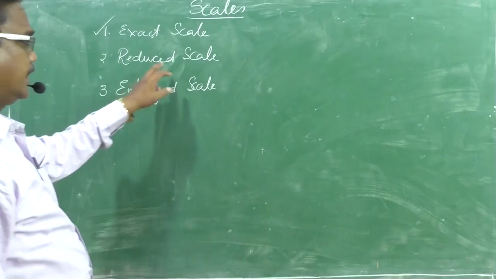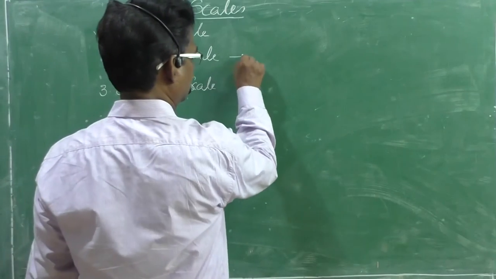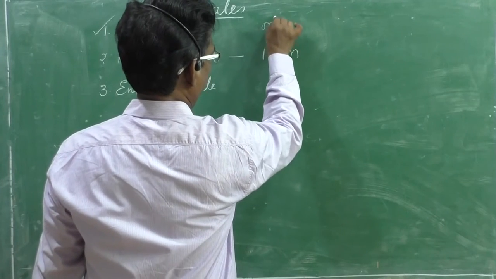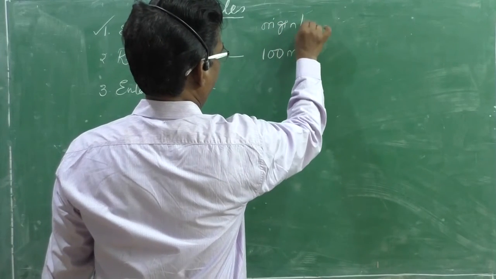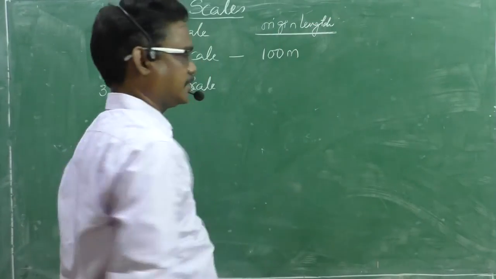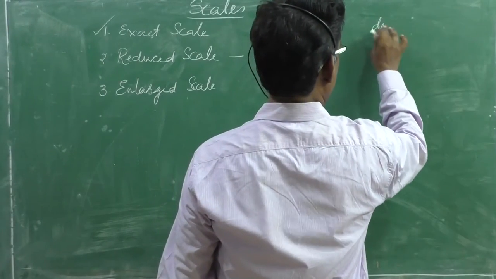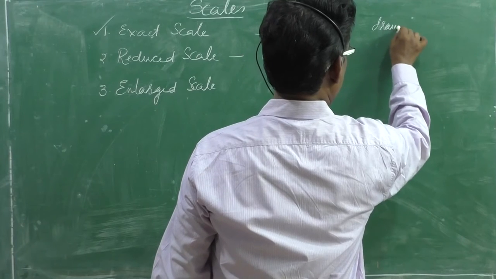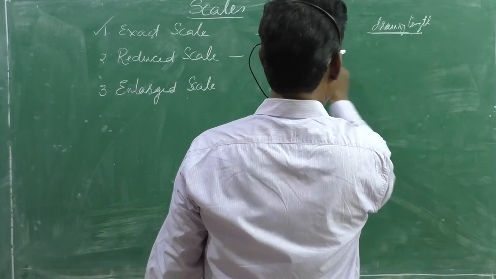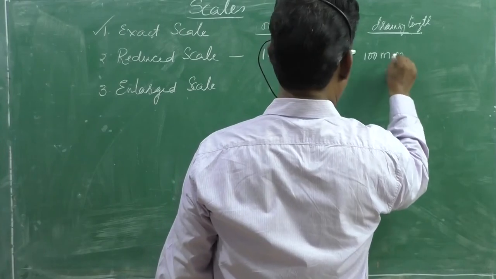Now we go for the reduced scale. Suppose the original object length is 100 meters, and on the drawing sheet we represent it with 100 mm.